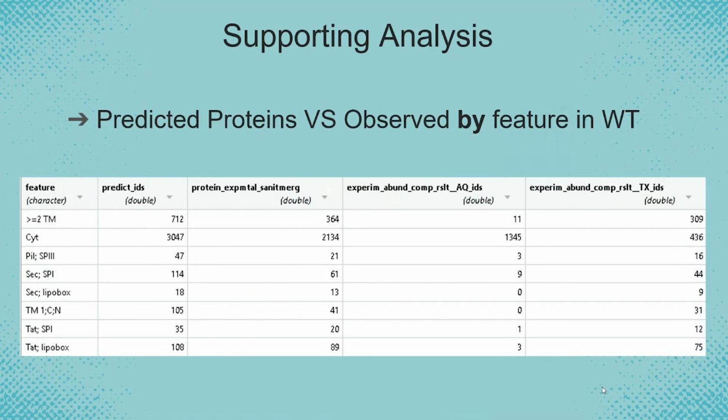So right here we can see the wild type and the TX, which is Triton X. This is looking at membrane-bound proteins, because this helps extract the membranes, the proteins within the membrane.